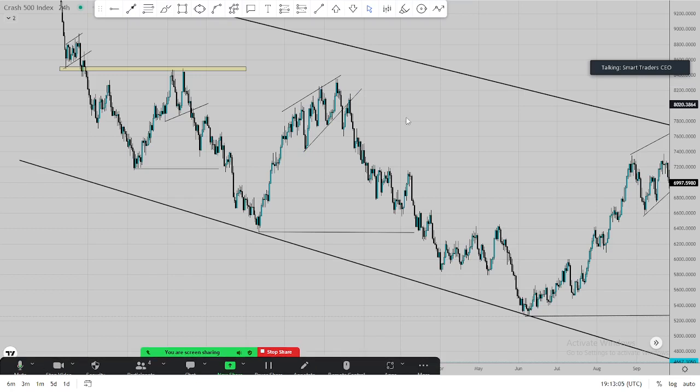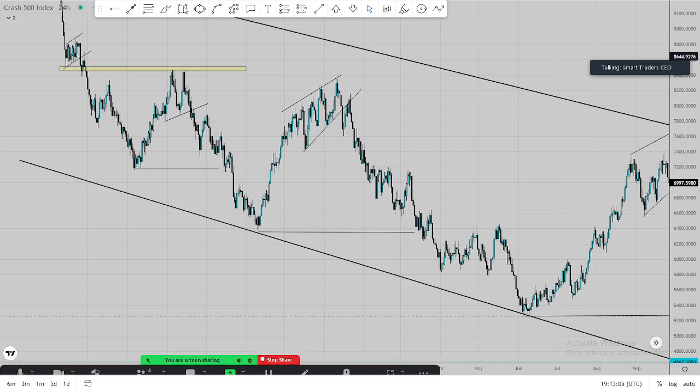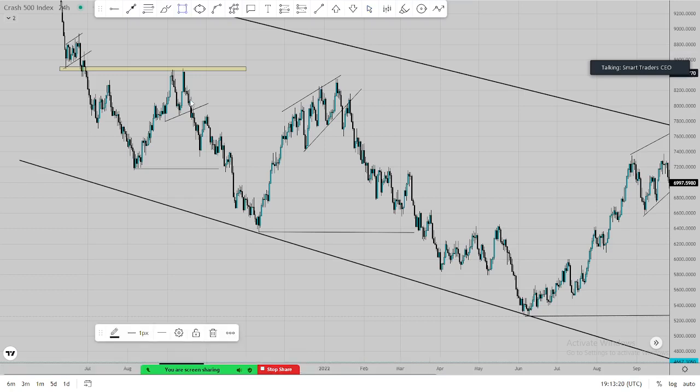So, for example, here, one can say this is an order block. An order block can be the last bullish candle before the market went down, before the market dropped. The last bullish candle that we can see is this huge candle here. That's our last bullish candle before that drop to the downside, right?